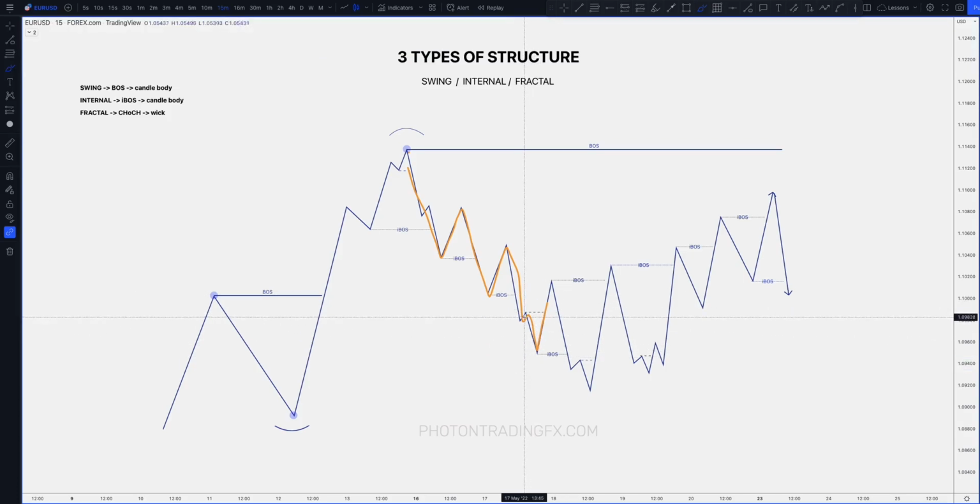But what we have to bear in mind is it's the most aggressive type of break of structure. So we have to be aware of what's going on with the internal structure at the same time, right? And until that internal structure switches bullish, we have to anticipate that price may have only had a bullish change of character. It may only have broken that fractal high just to facilitate that pullback up to here to then form that larger internal lower high to then continue to the downside.